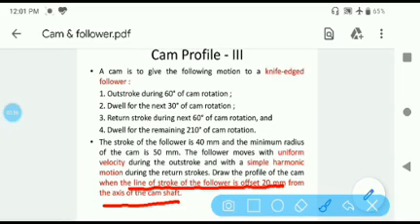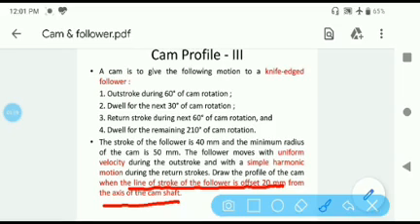Here we are discussing an offset cam and follower arrangement. Now that means, since the motion of the follower and the details regarding the follower are all the same, we can use the displacement diagram of our first question. The only change will come in the cam profile that we draw.